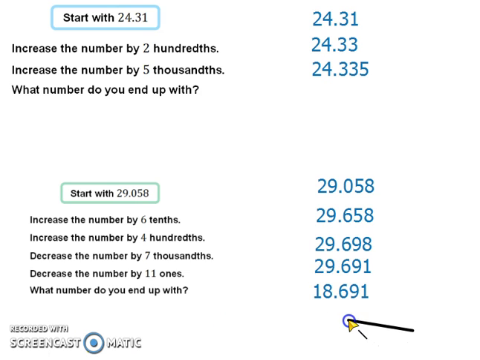And so our final number, the number we end up with, is 18.691. Okay, so in this task, it's really important to go step by step. Look if it's going to decrease or increase the number, and then identify which column it's in, whether it be the tenths, hundredths, thousandths, or in this case, we even went to the left-hand side of the decimal point and did our ones column.